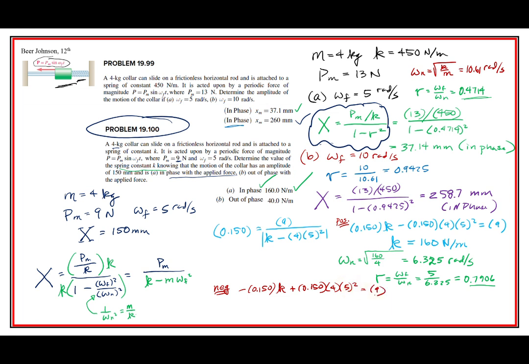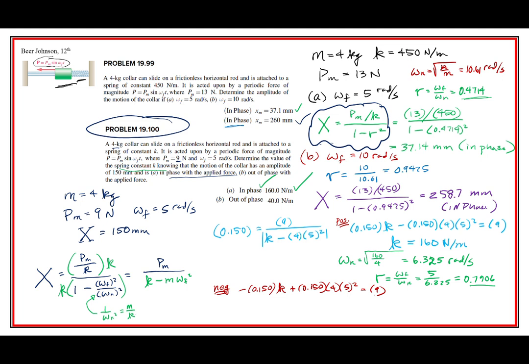Okay, so we're going to subtract that, 0.15 times 4 times 25, from 9. You get a minus value. Why didn't that work? Okay, yeah, you get it.